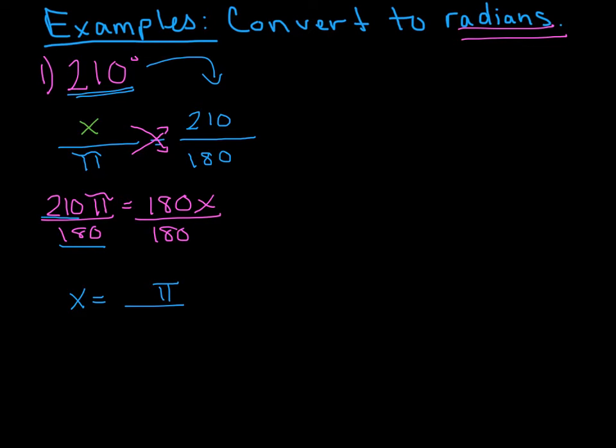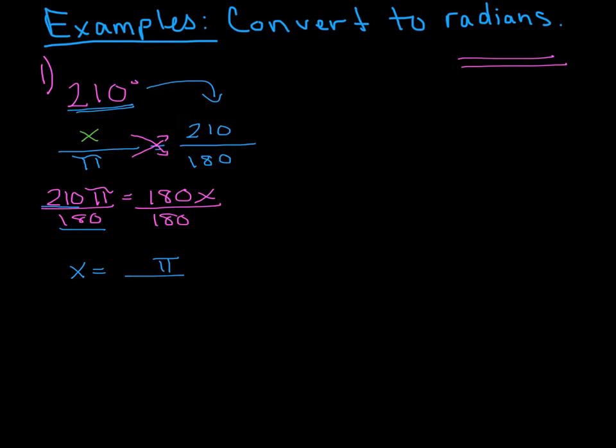Math is the third button down on the left. And the frac just means converting the decimal to a fraction. So your calculator will do that for you. So the pi is going to stay. That's why I have it written here. And I'm just simplifying 210 divided by 180. So after I type that in my calculator, I get 7/6. So my answer is going to be 7 pi divided by 6.